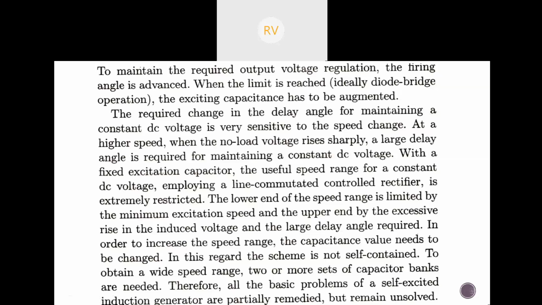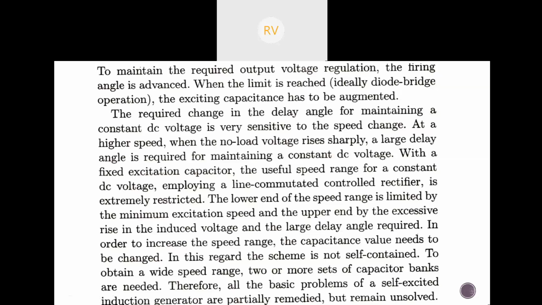The required change in the delay angle for maintaining a constant DC voltage is very sensitive to the speed change. That is what he is saying. At a higher speed, when the no-load voltages rise sharply, a large delay angle is required for maintaining a constant DC voltage.